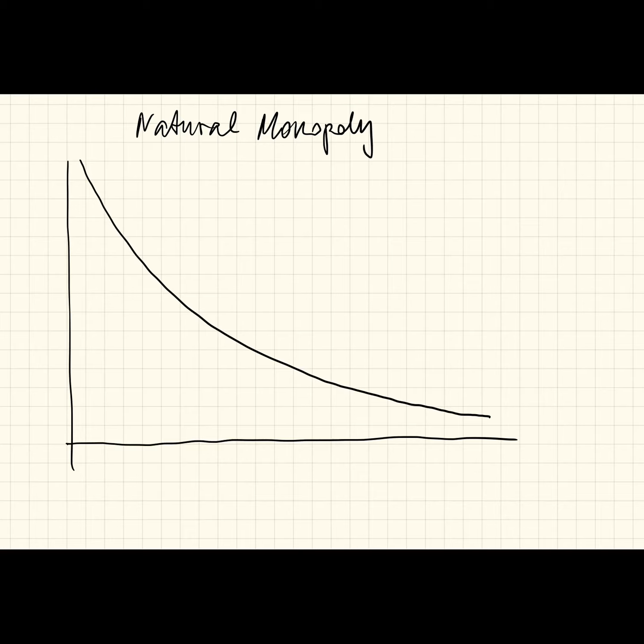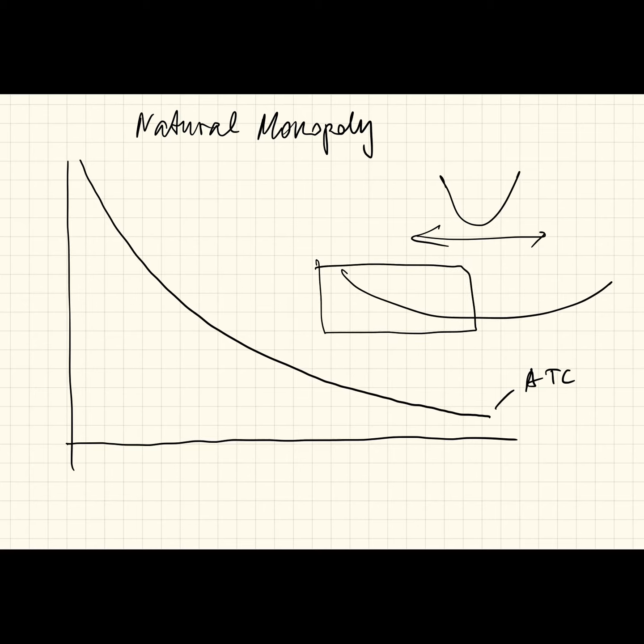Generally speaking, the ATC curve has a normal looking U shape, right? But it's stretched so much like this. And basically we're looking only at this left side of the normal U-shape curve, which happened to be stretched so much.